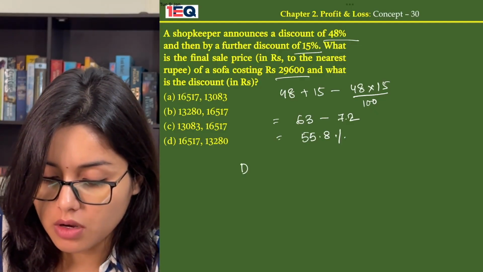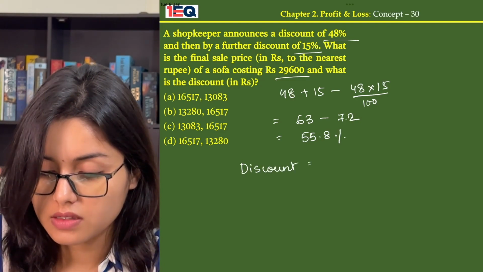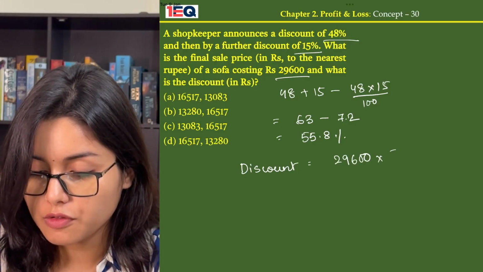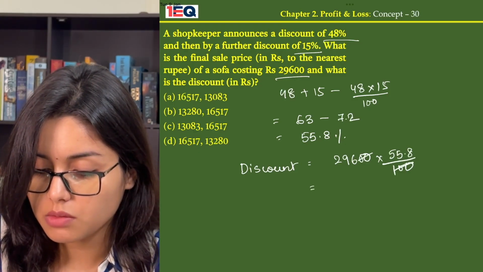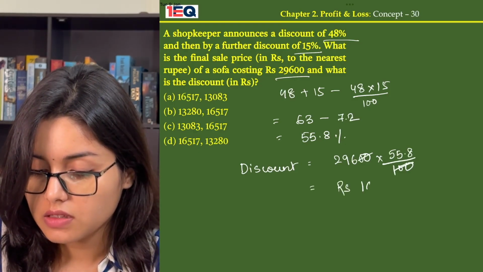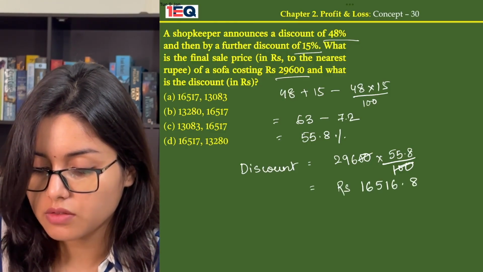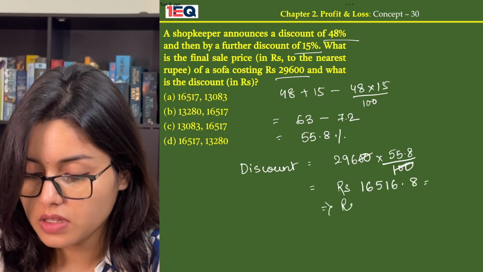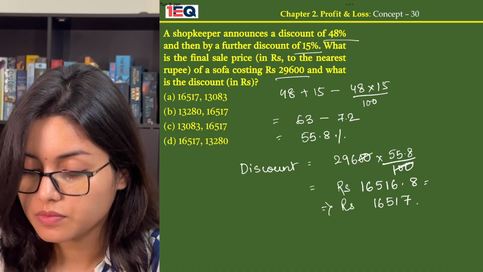Now, discount amount is equal to 29,600 into 55.8 by 100. 0 gets cancelled. So, discount amount is rupees 16,506.8, which is rounded off to rupees 16,570.